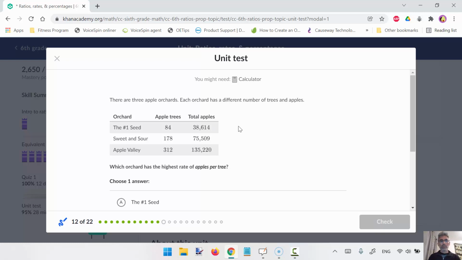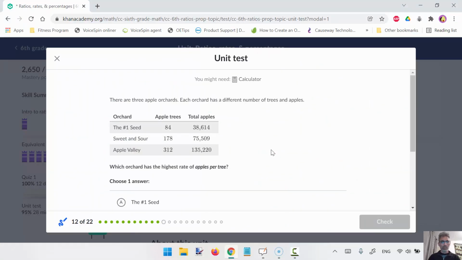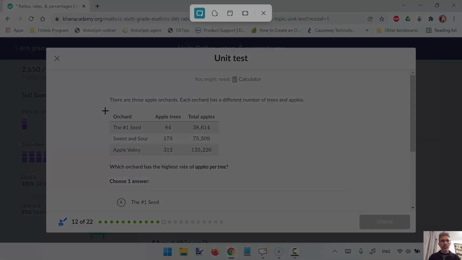Trees, total apples. Which orchard has the highest rate of apples per tree? Okay, so let's copy this table.